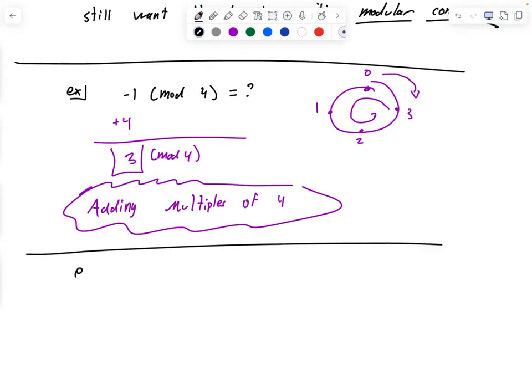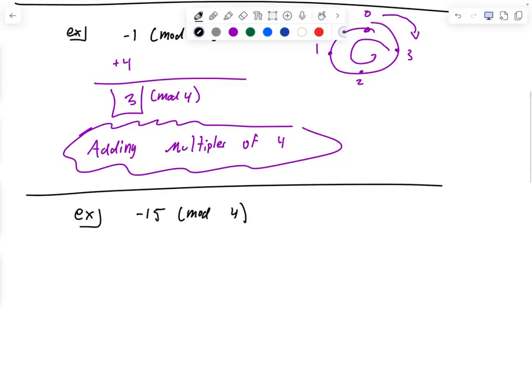So, another example. -15 mod 4. Okay? So instead of saying what's the lowest one, you kind of want to go past it. So what is a multiple of 4 that we can add to 15?